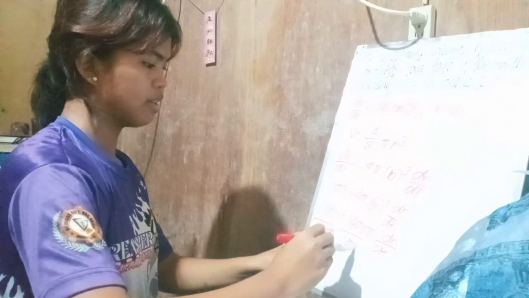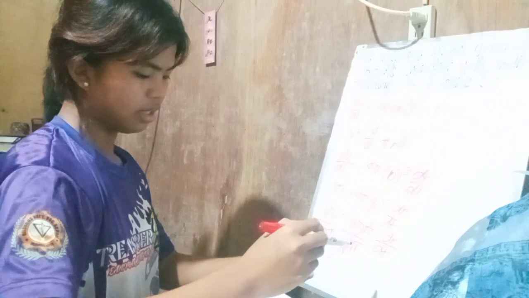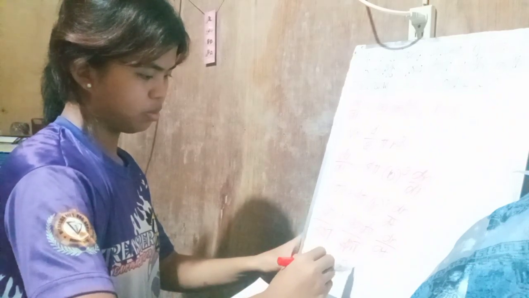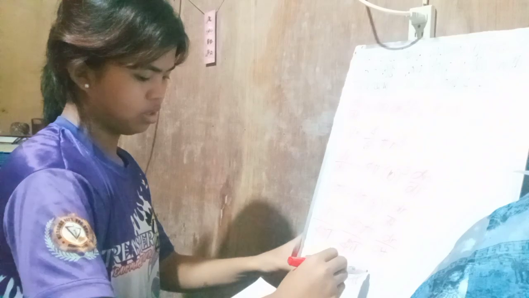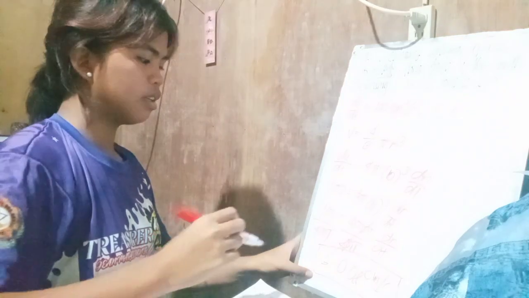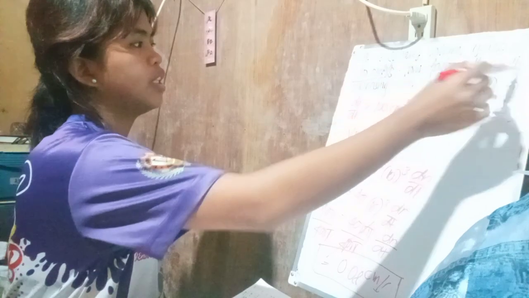The 400 pi cancels, and now we have about 0.08 centimeter per second. So this is our answer, the change of the radius.